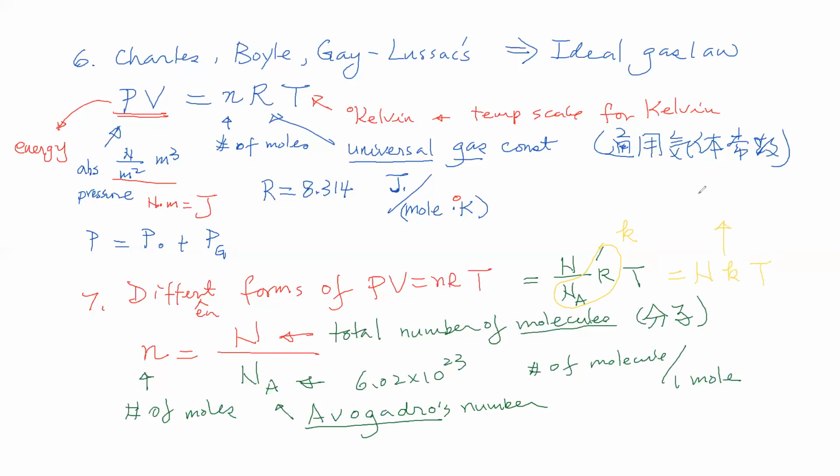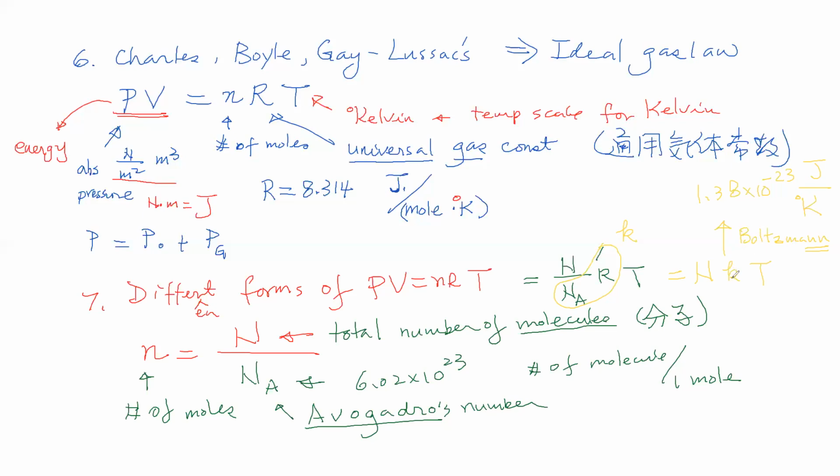And k is equal to 1.38 times 10 to the negative 23 joule divided by K. Sometimes we say degree K, sometimes no degree. But Boltzmann constant, B-O-L-T-Z-M-A-N-N. I think the double N means it's a German last name. Boltzmann constant, 鲍兹曼常数.